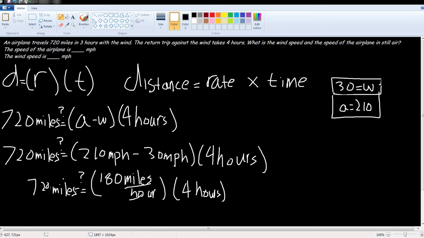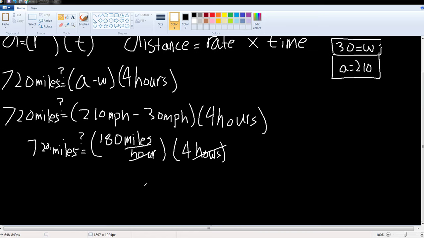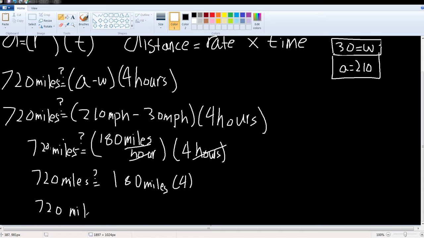So as you can see, the hours on the right side of the equation cancel out. We get 720 miles. It's equal to 180 times 4, because the hours cancel out. And actually, almost forgot again, miles. 4 times 180 is actually 720. And the unit of measurement is miles.